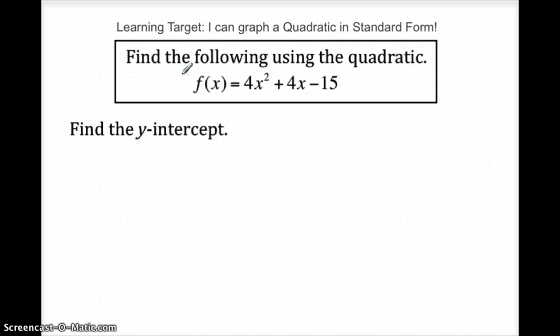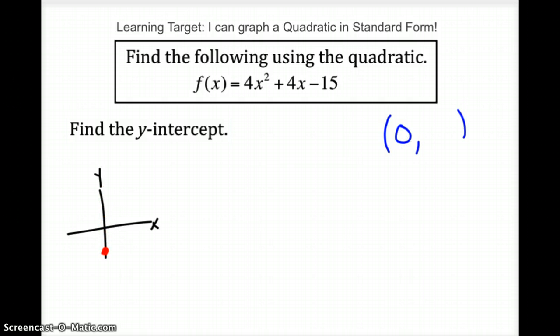So the y-intercept, if you recall from the previous lesson, I know that x is always 0. Because if you think about the coordinate plane, this is my x-axis, this is my y-axis. The y-intercept is always on the y-axis. So if I think about that point, yes, y changes, but x is always 0.